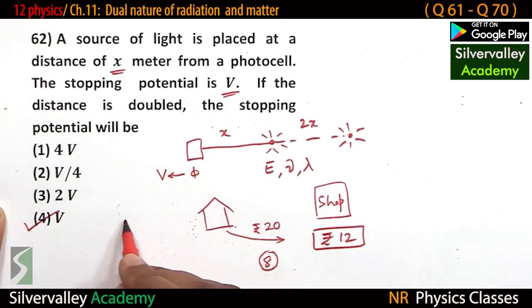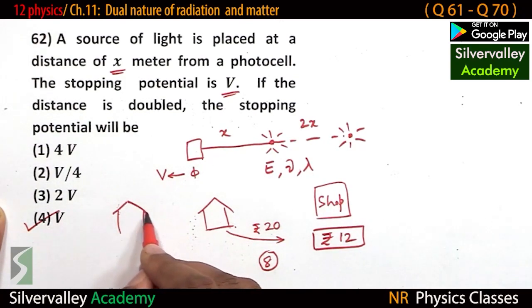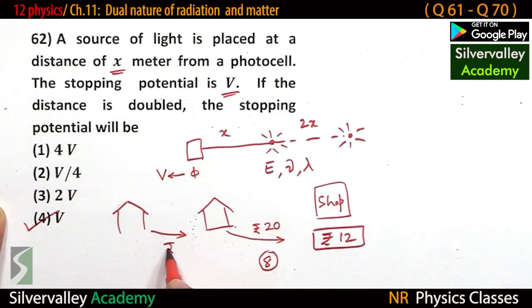Suppose distance is doubled. A person from this house with double the distance goes to shop with 20 rupee, isn't it? Then what is the change got by him for the same biscuit packet? Again 8. So by increasing the distance, the stopping potential remains same.